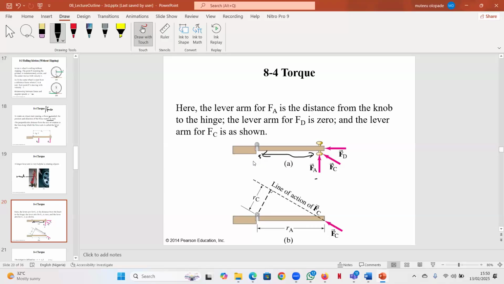The lever arm for FD, this is FD, is not doing anything. This force is parallel to that point, so what we have here is 0. And the lever arm for FC is as shown below. FC is perpendicular, and that's why we have the radius that will be created, RC, the distance from here to here.